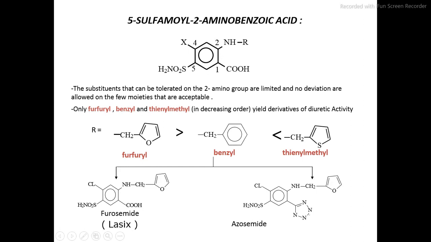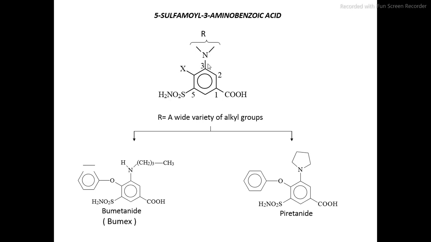Then 5-sulfamoyl 3-amino benzoic acid. On the third position we have nitrogen, and there is a wide possibility of substitution of R. It can be a wide range of different alkyl groups, or it might be aromatic or heterocyclic groups also.